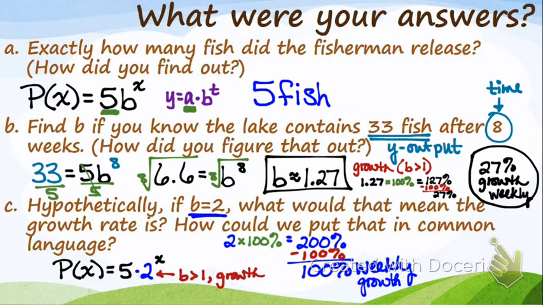So if I say something doubles, whatever I started with today, all of it, 100% of it, I would take that same amount and add it on. So I'd take 100% of what I've got and add it on top of what I already have. So changing this into common language, if you see that you have a 100% growth rate, it is doubling.